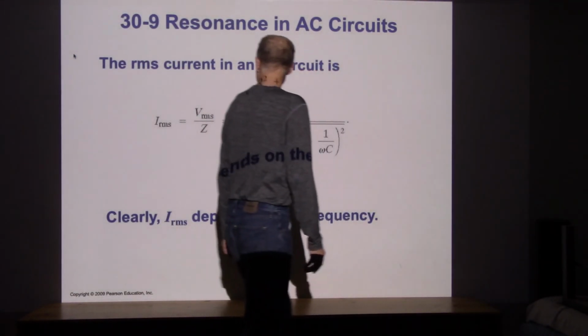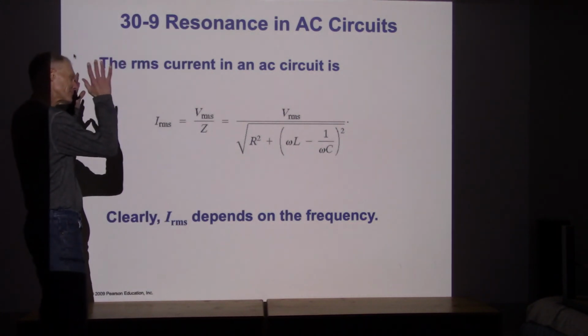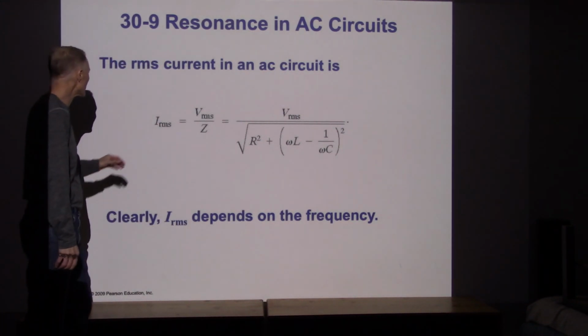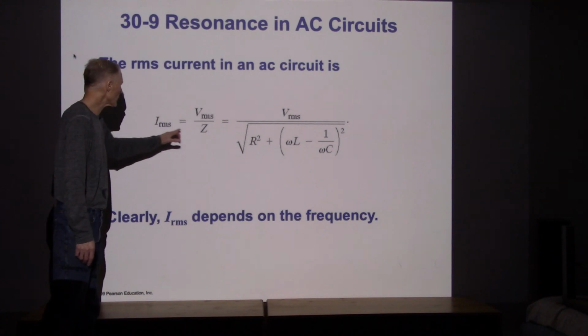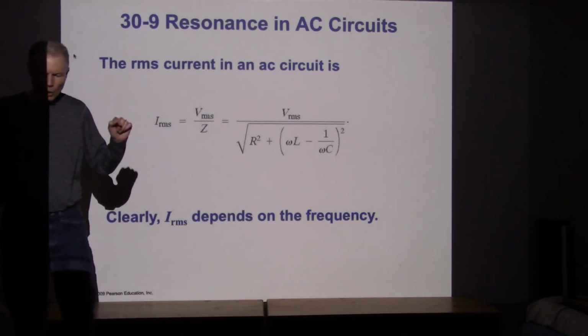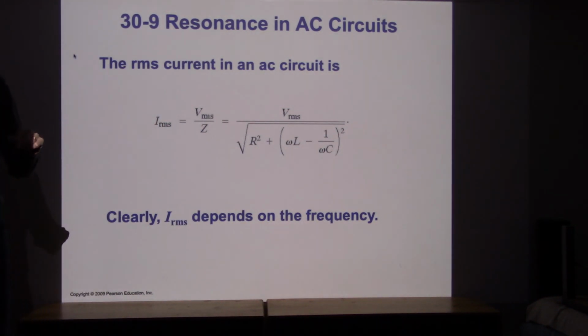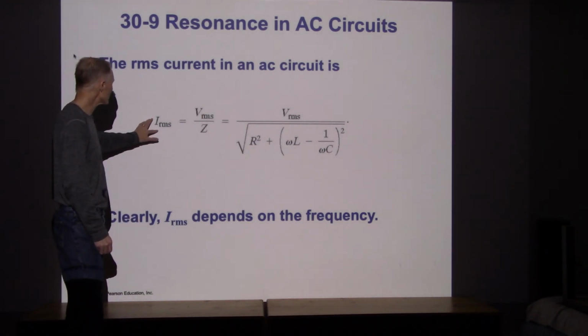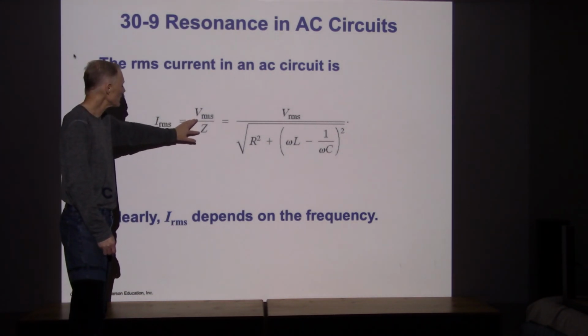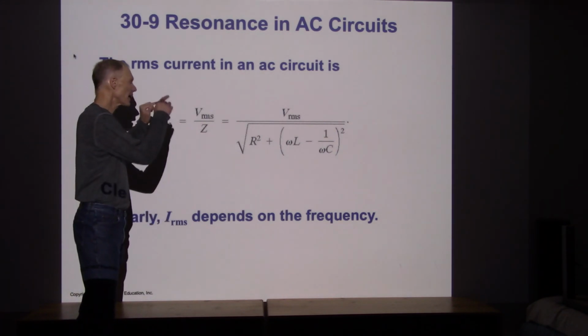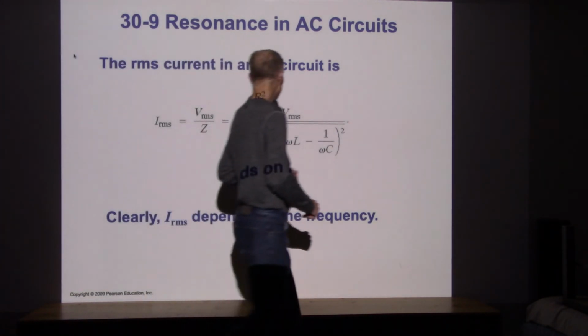All right, let's see. We said this. This is such an important formula right here that in our LRC AC-driven circuit, where the inductor, the capacitor, the resistor are all in series, we said that the current is going to be given by V RMS over Z, and the Z, that's what I'm actually referring to here.